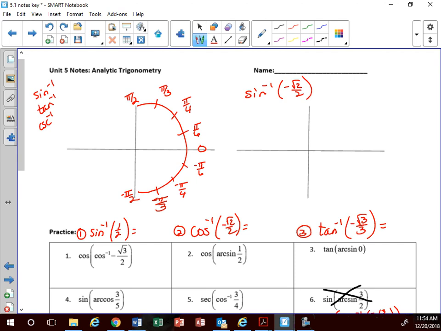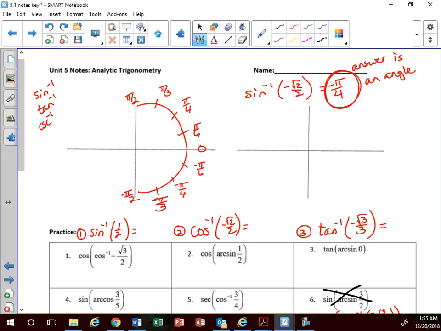So what do you think? Where would sine equal negative root 2 over 2? Yes. Okay. So you guys see how you get an angle? The answer is an angle. It's just reversed. It still goes back to you knowing your unit circle values really, really well.